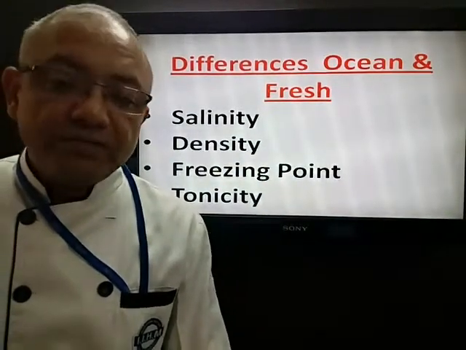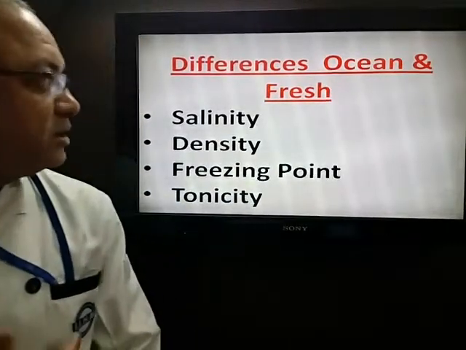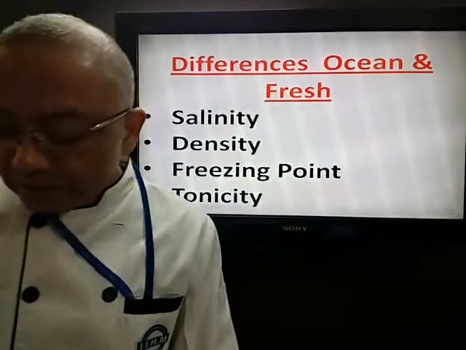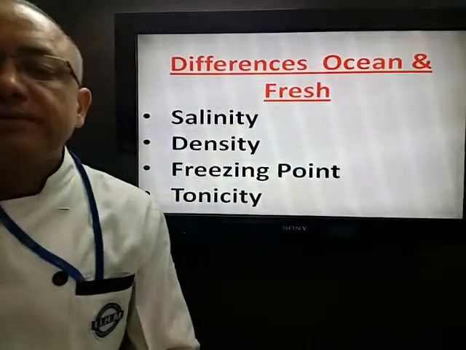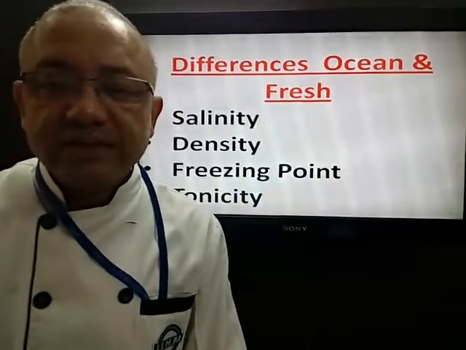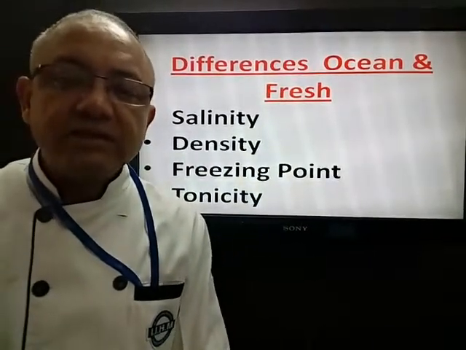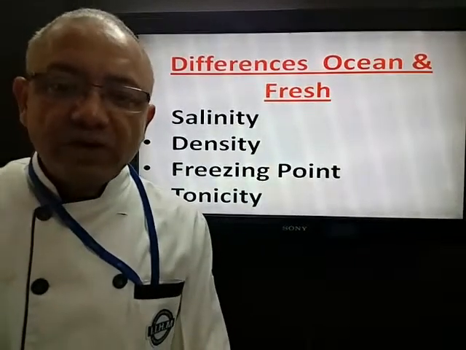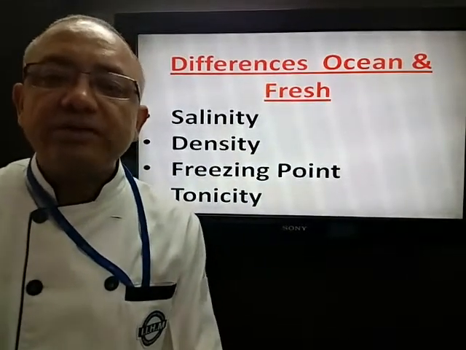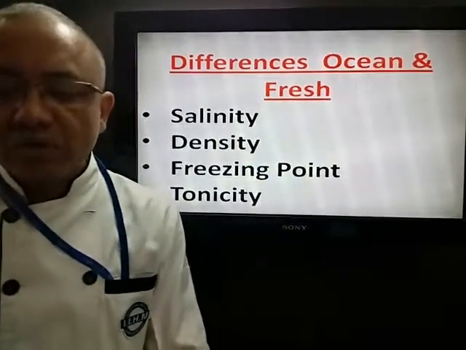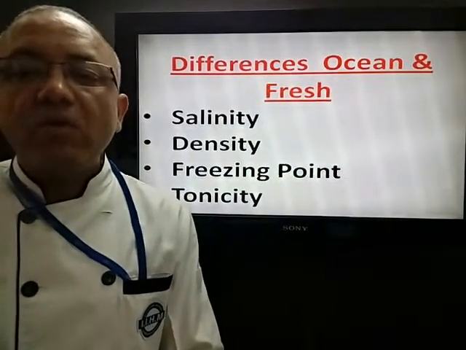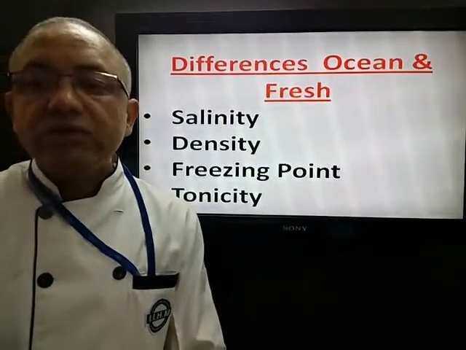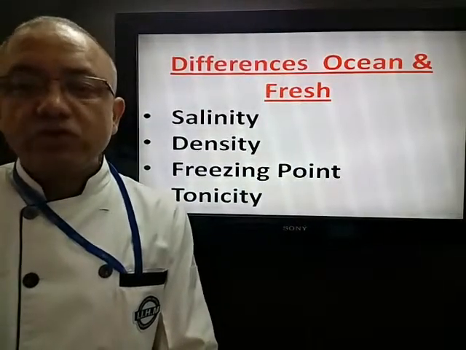So first we go about what salinity is and how the different salinities differ. What is the difference in salinity? The first thing is about the salt water. If you understand that the salt water contains salt, sodium chloride, NaCl, and fresh water may contain some amount of salt, but it's not enough to be considered salt water.